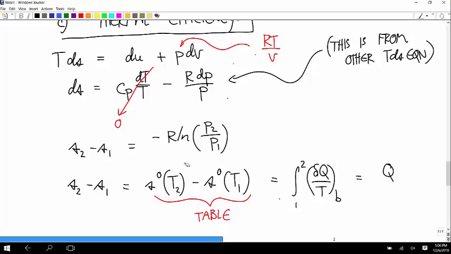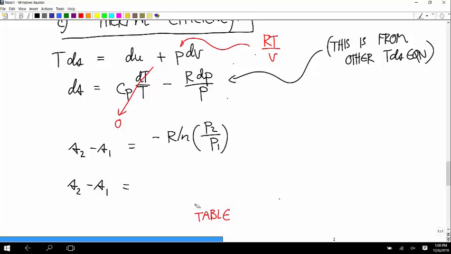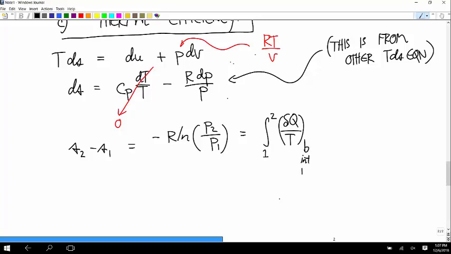The change in entropy is this, and that is equal to the integral from state 1 to state 2 of dq over temperature for an internally reversible process, which we have.